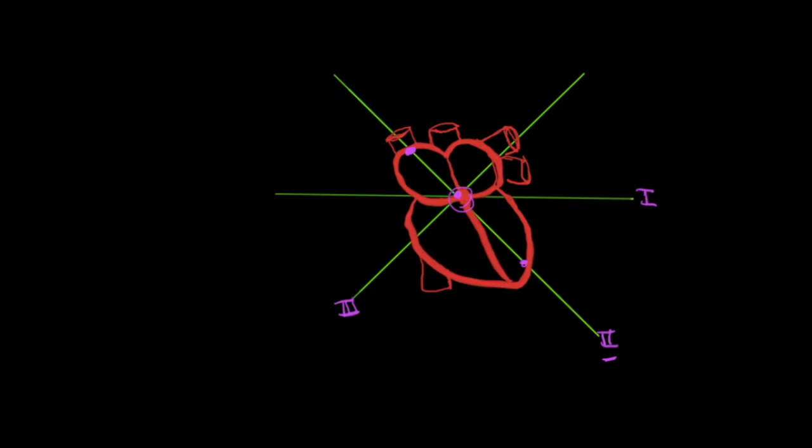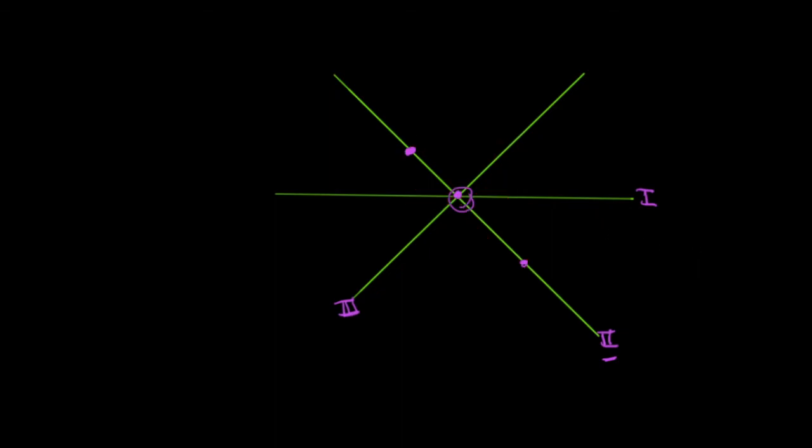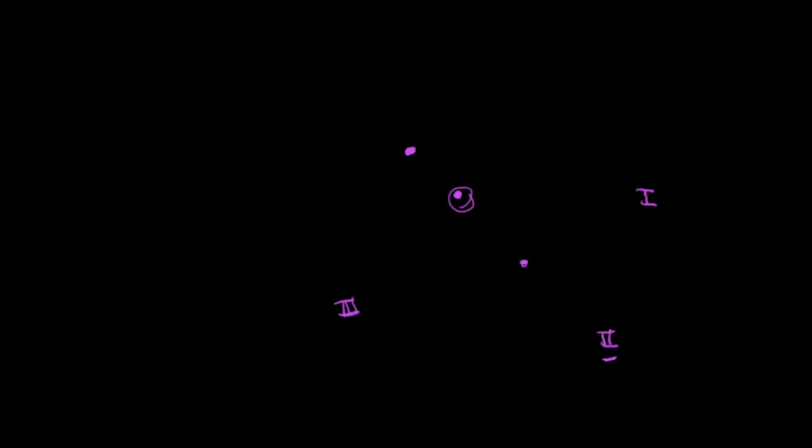Now, what about the augmented leads? Let's kind of clear this up a little bit. If we go back to our triangle, and we remember that we have our left arm, our right arm, and our left leg. And we remember that our numbered leads were like so.